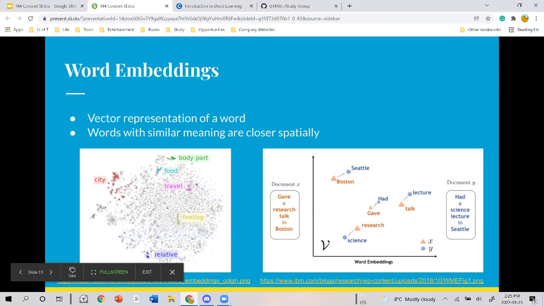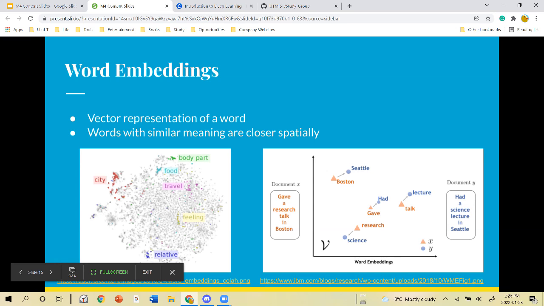So how it works behind that, right? Like we mentioned, words are a bit hard. It's a different form of data. And that's where word embeddings come into play. You want to have a data representation of a word.